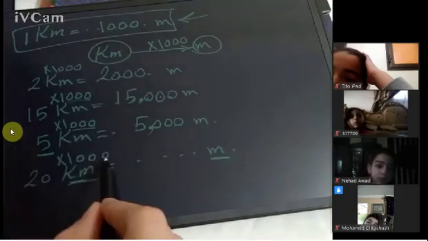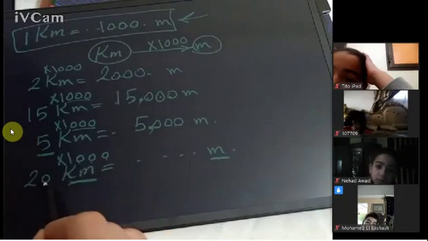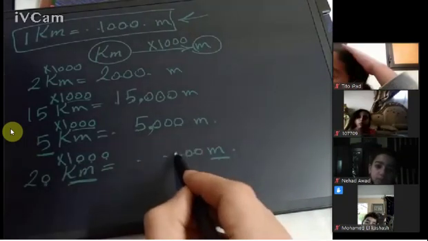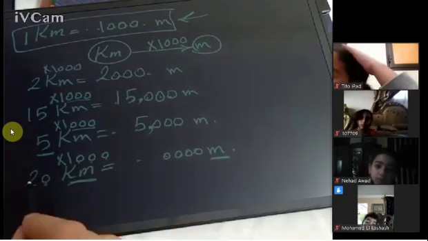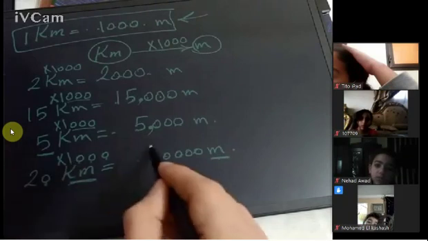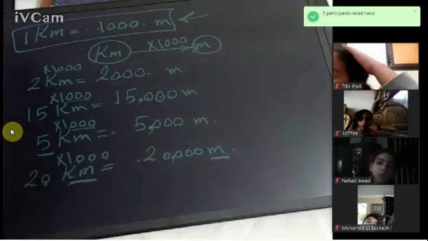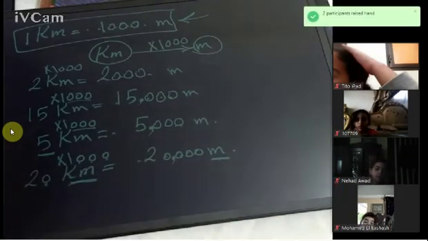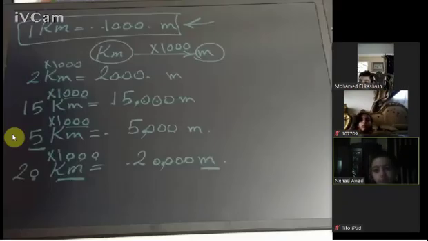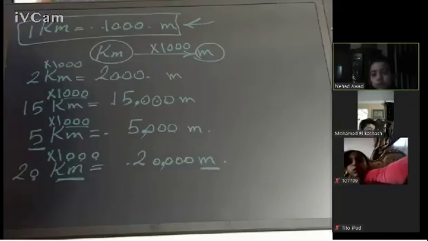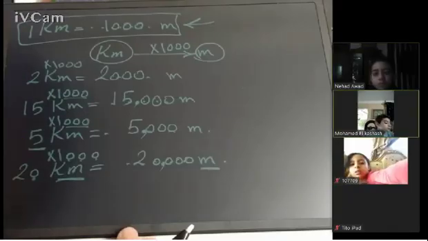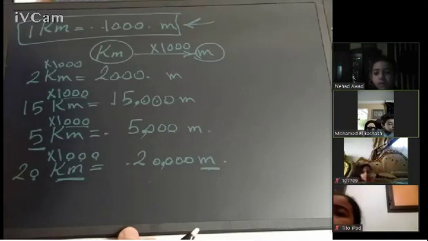Count the zeros: 1, 2, 3, 4. So I put 4 zeros. Then 2 times 1 equals 2. So the answer is 20,000. Did you not understand at the beginning? Do you understand now? Yes. It's very easy. So can I move to the other part? Yes.